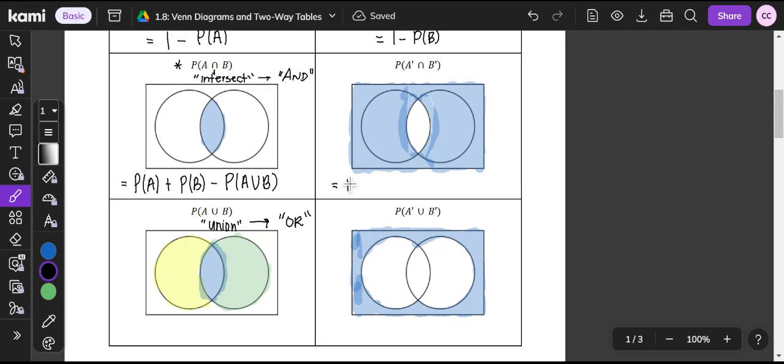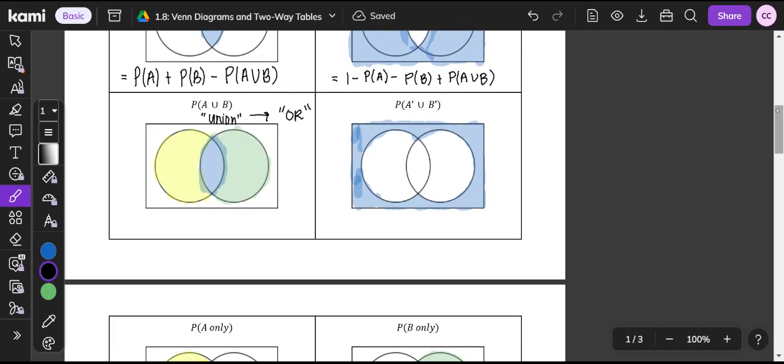So I'm going to take 1 minus the probability of A minus the probability of B, and now plus the probability of A union B. So again, if I'm subtracting all of this, then all of the signs change. So this is now a negative PA, a negative PB, and a positive PA union B.